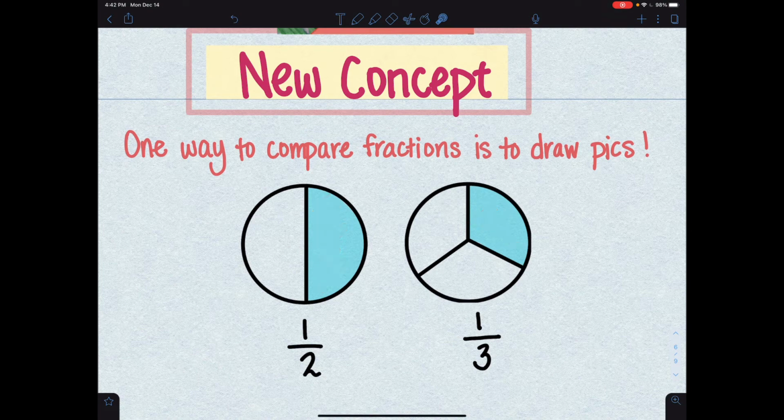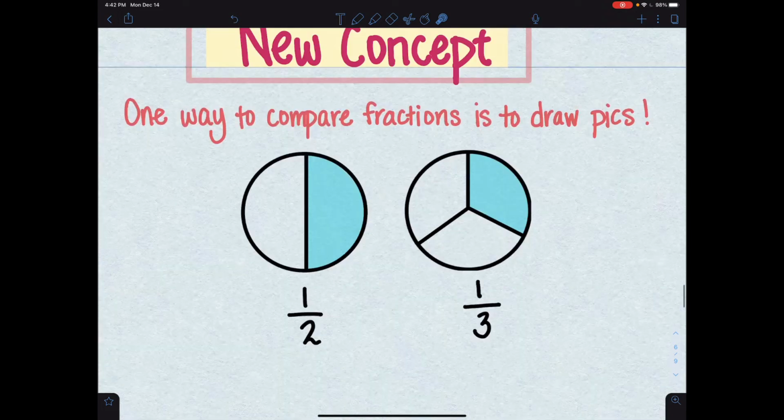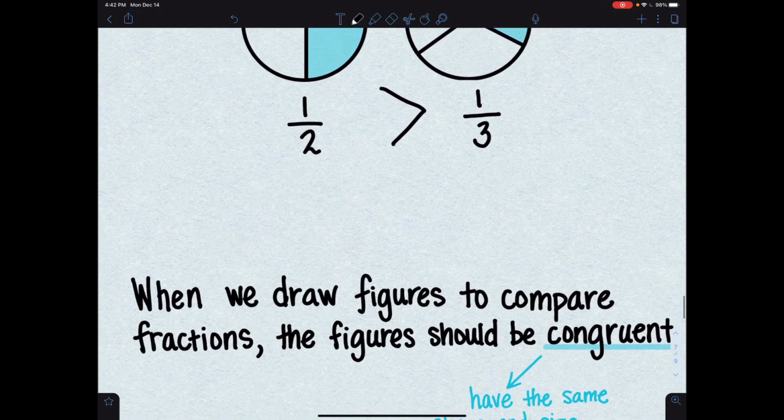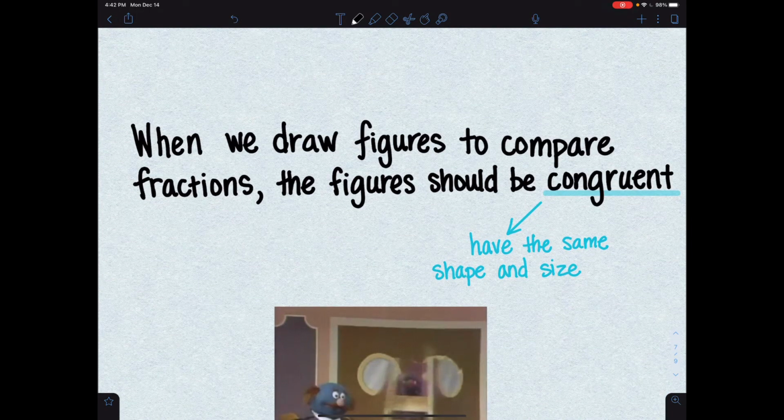And you can see that half of a circle is bigger than 1/3 of the circle when the circle is the same size. So what that means is 1/2 is greater than 1/3. Cool, huh?